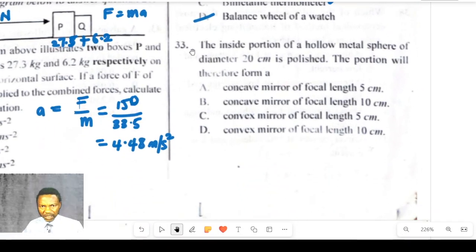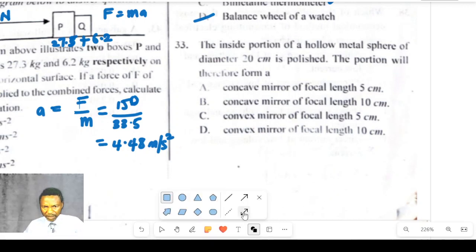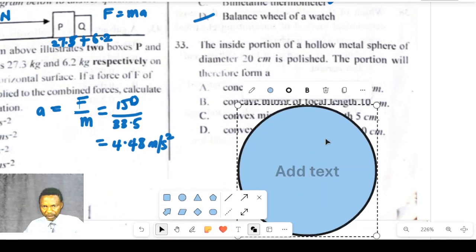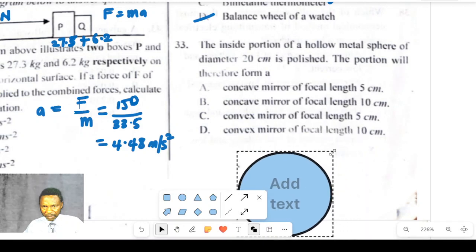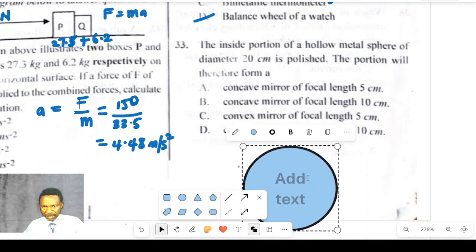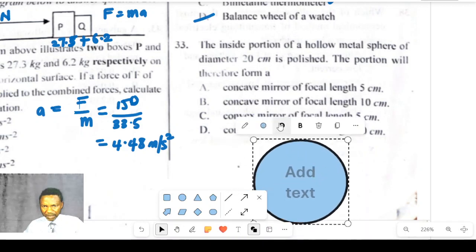Okay, 33. The inside portion of a hollow metal sphere of diameter 20. Let me explain this.